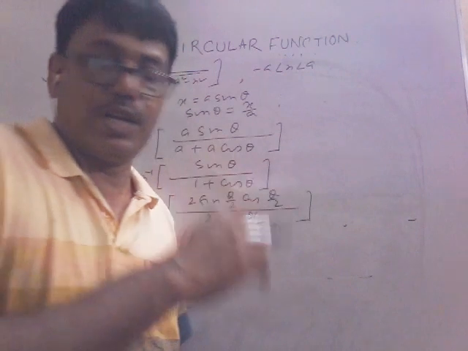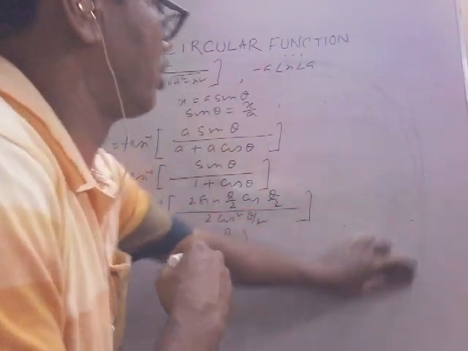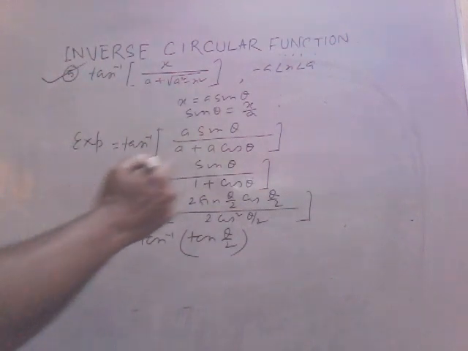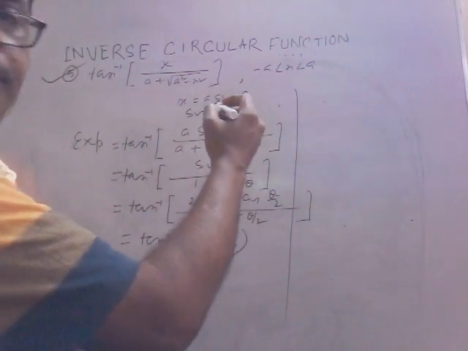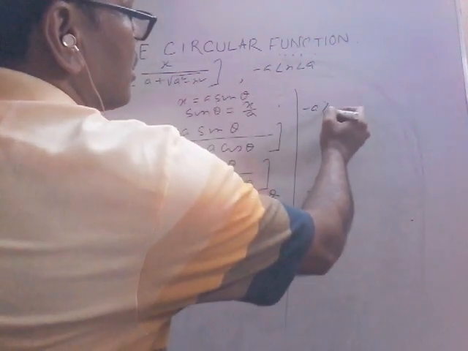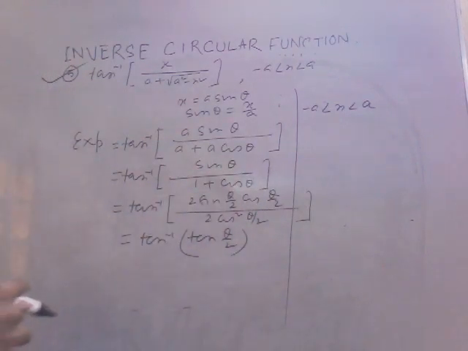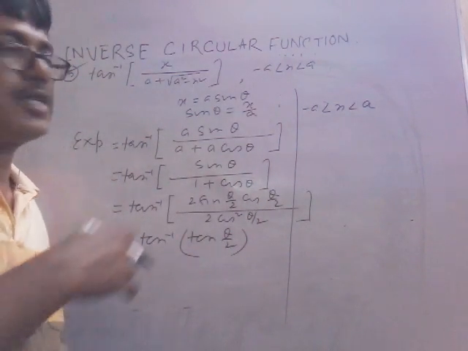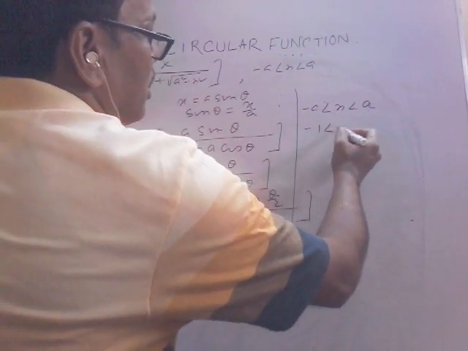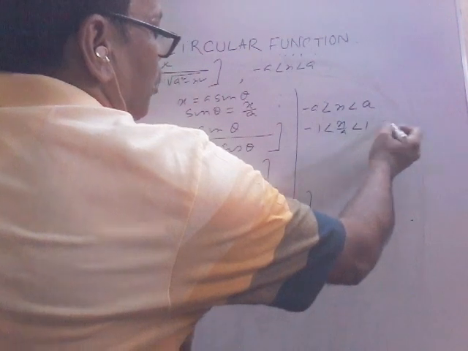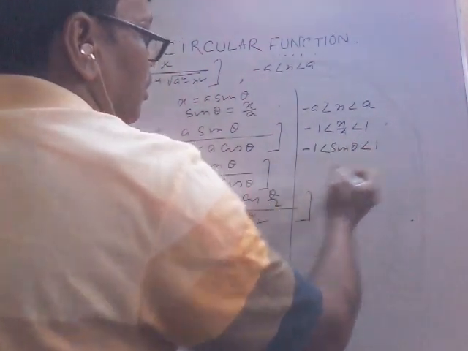So you see whether theta by 2 belongs to principal value or not. For this you have to see the restriction. Given minus a less than x less than a, therefore minus 1 less than x by a less than 1. Minus 1 less than sin theta less than 1.